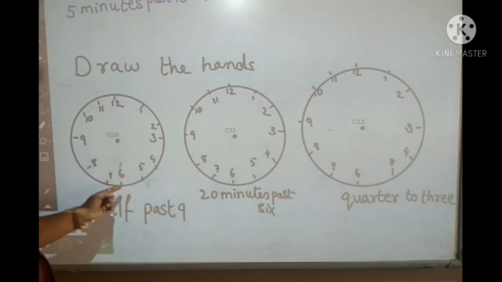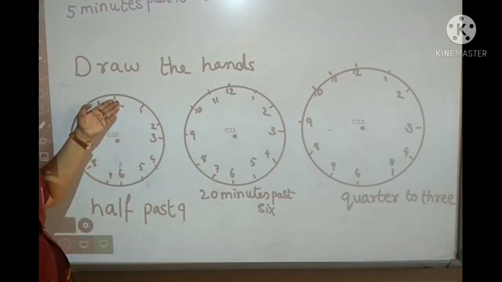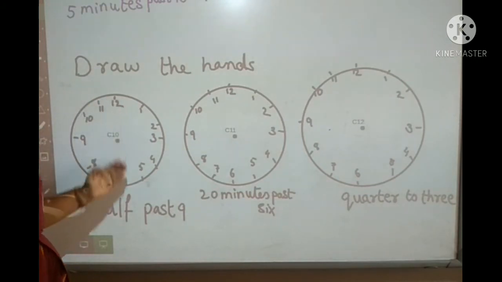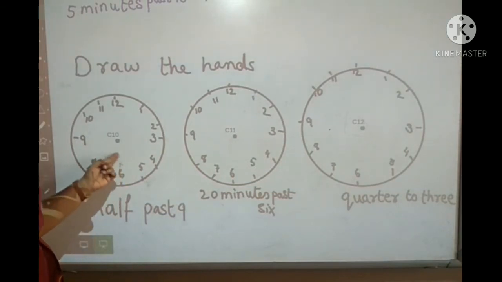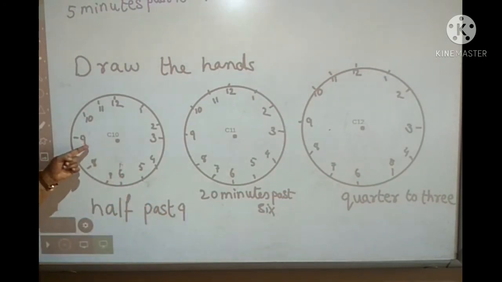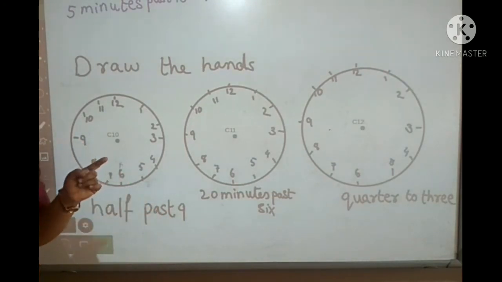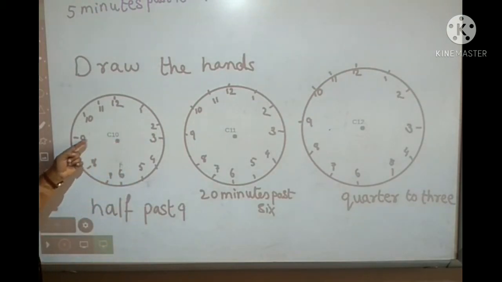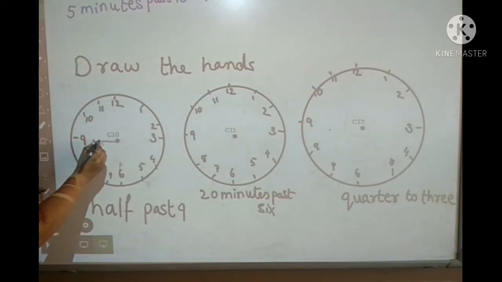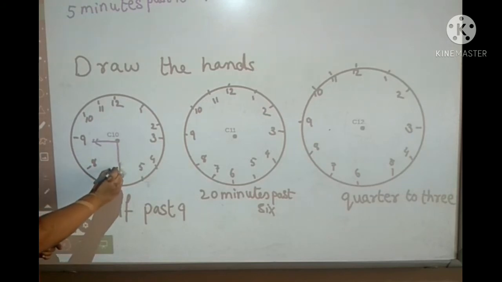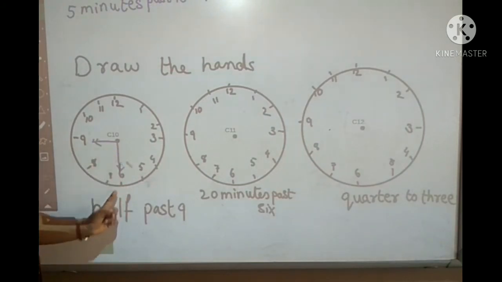Whenever the hand comes on the 12, that means o'clock, and whenever the hand comes on the 6, that is half past. So 9:30. For 9, you have to take the small hand on 9, and for 30 the long hand on 6. That is 9:30.